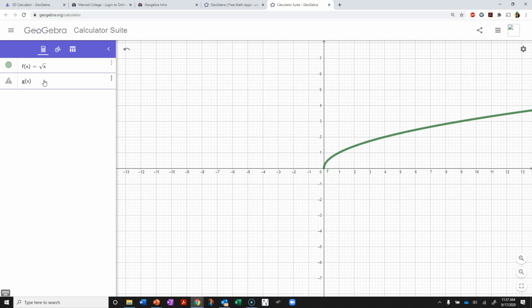It's a new function, g of x, that was equal to 1 over 2 times the square root of x. Now we see that graphed on here, but we don't really need the graph necessarily. What I want to show you is that g of x, the derivative function, is going to produce the slope of the tangent line at whatever x value we want.